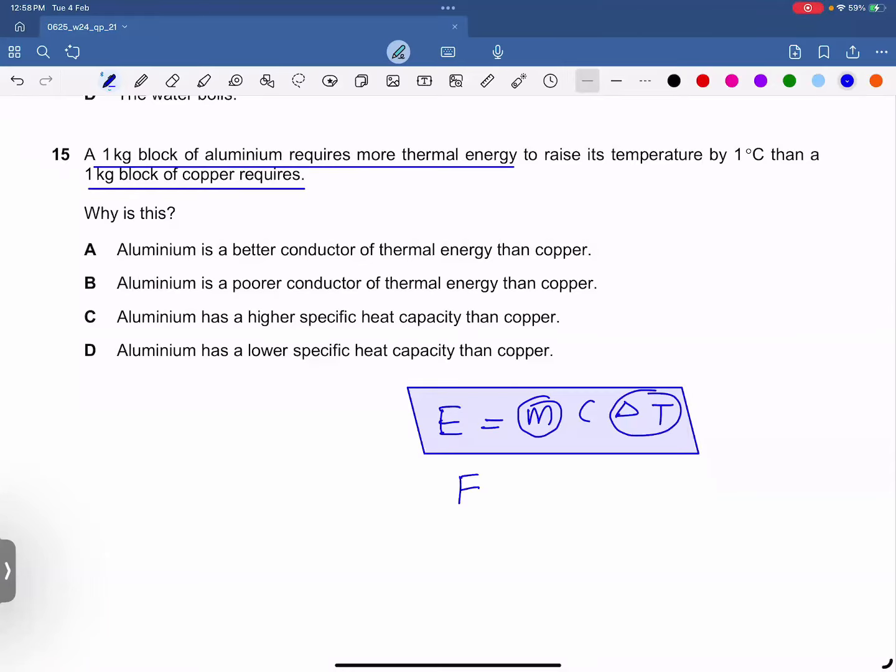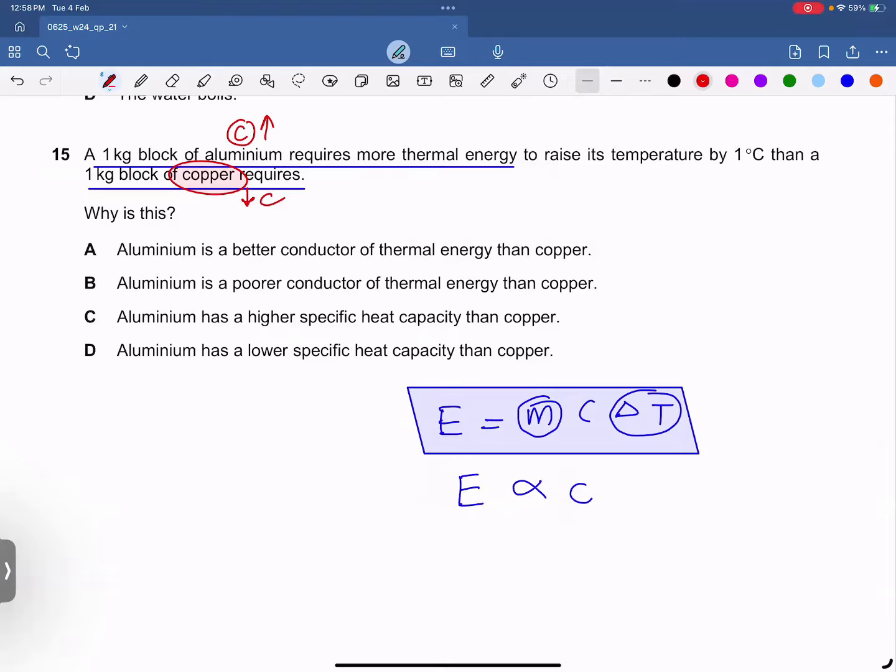So it means thermal energy is proportional to specific heat capacity. If you read the question again, aluminum requires more energy. So the specific heat capacity of aluminum will be more, and copper will have less specific heat capacity.